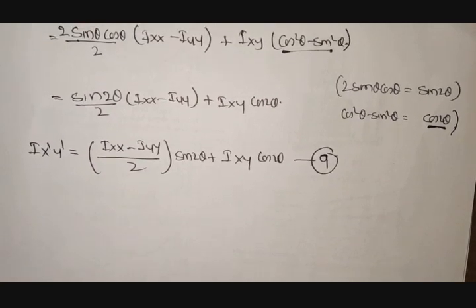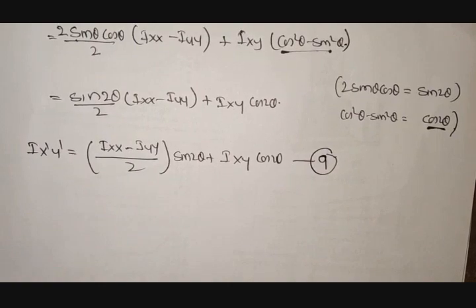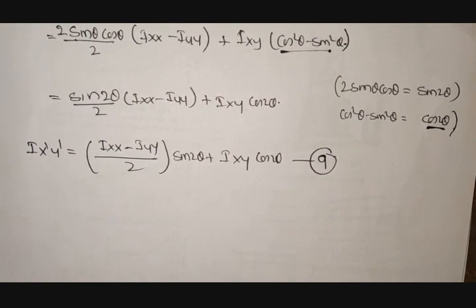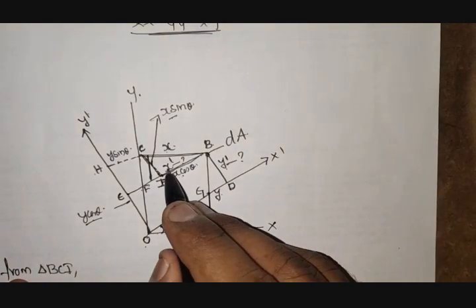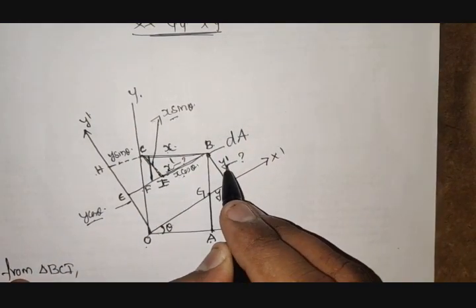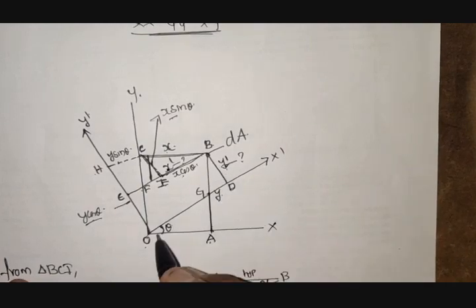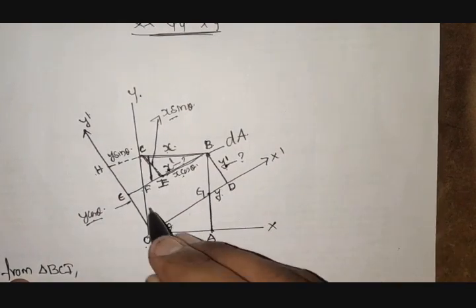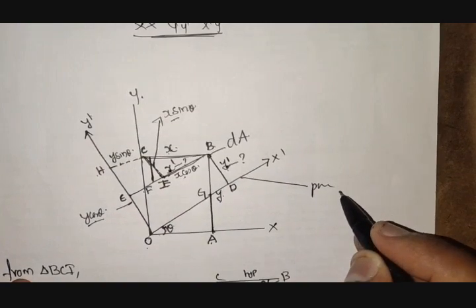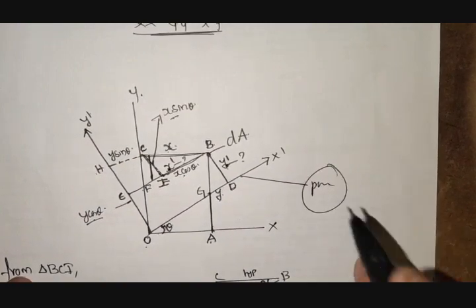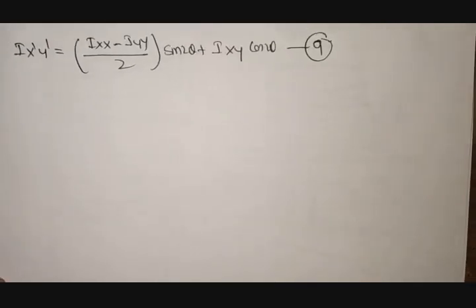If you see the figure, the value of Ix'y' we have found out when it is rotated at an angle theta, but the new principal axis we have not found out. So now we will find the direction of the principal axis.